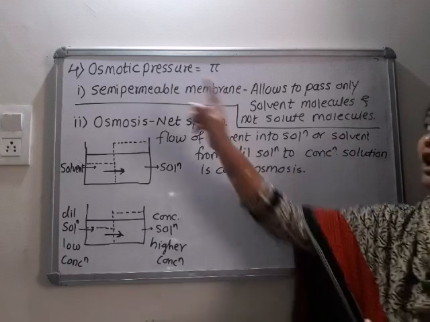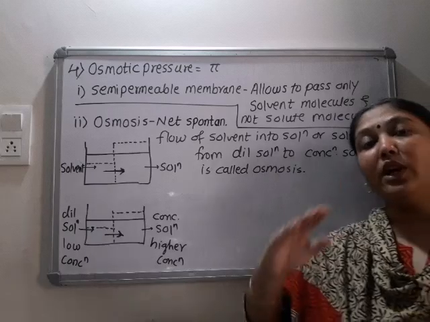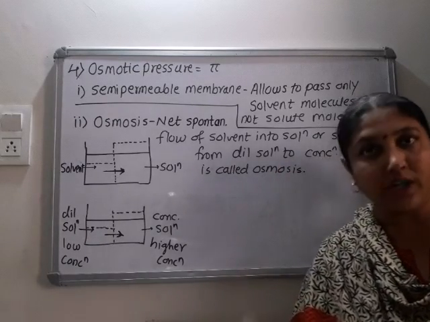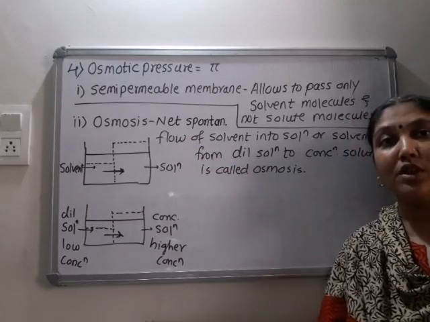Clear these two terms? One is semi-permeable membrane. It is a membrane which allows to pass only solvent molecules through it and not solute particles. And what is osmosis?